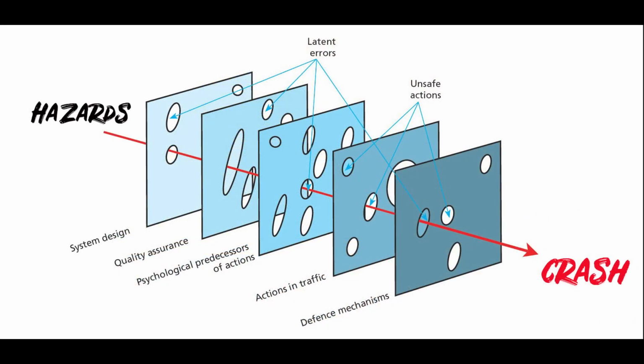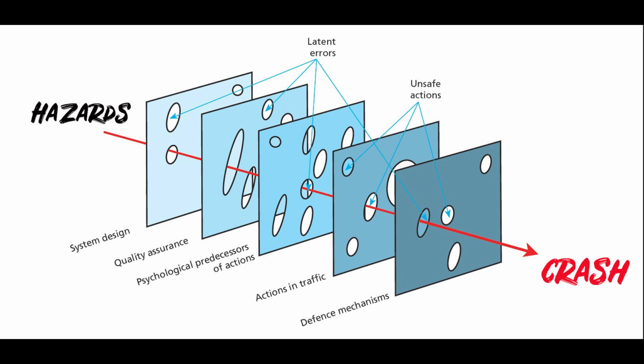To prevent potential hazards that result in a crash, we need different layers of defense. The Swiss cheese model of accident causation was originally proposed by James Reason in 1990. In this model, an organization's defenses against failure are modeled as a series of barriers, represented as slices of cheese.